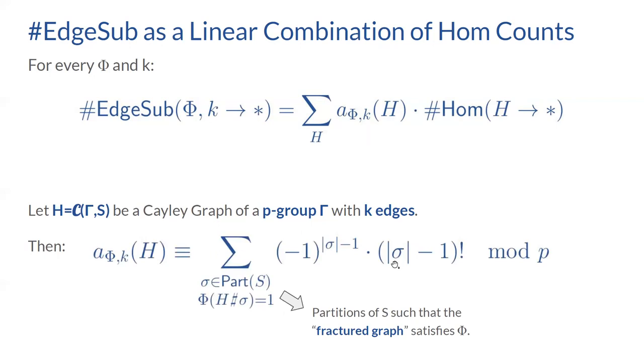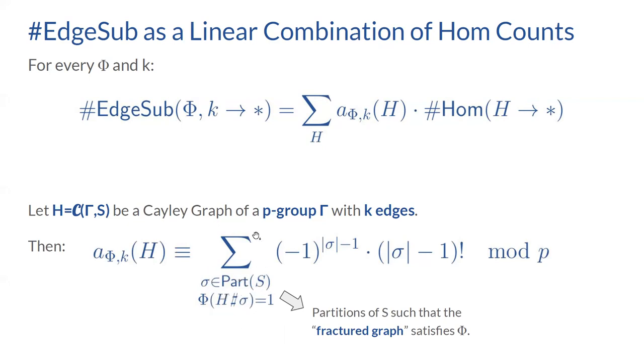So let's go over this step by step. The coefficient of this Cayley graph is congruent to this term modulo P. And how does this term look like? Okay, we take the sum over the partitions of the generating set with some side condition. I will talk about this side condition in a moment.